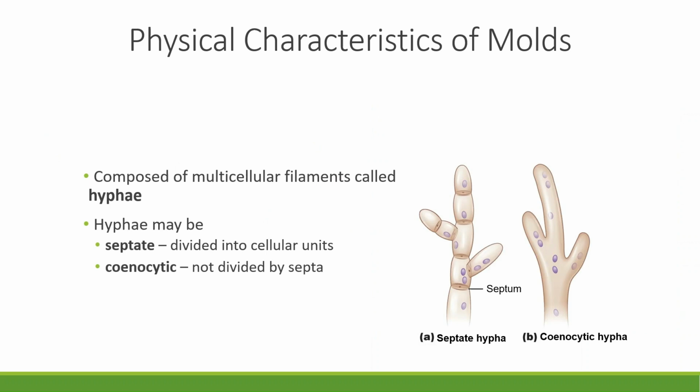Or they can be what we refer to as coenocytic, meaning that there aren't these cellular units that separate these different cellular areas. They don't have what are called septum or septa, if there's multiple ones, and they share a cytosol.